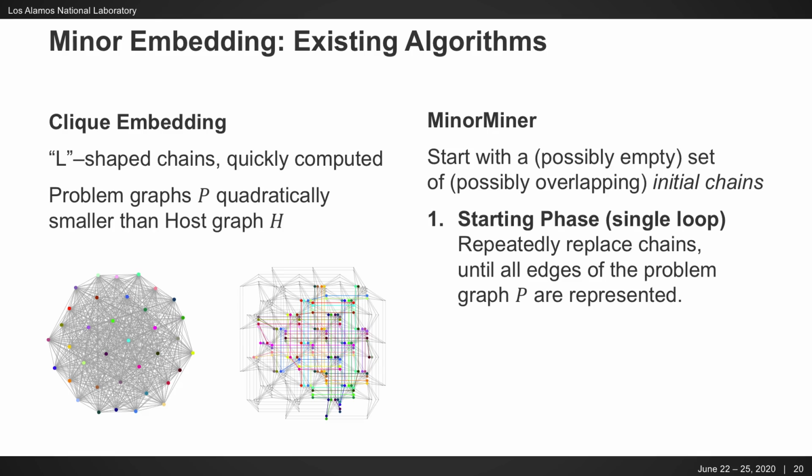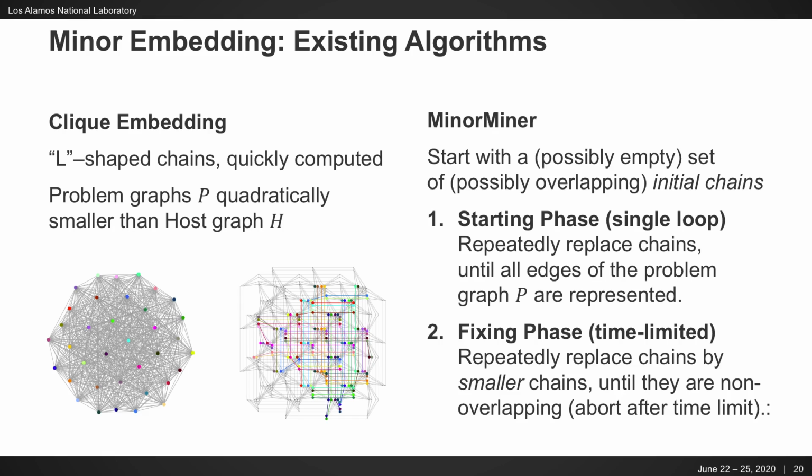In the starting phase, there's a single loop over all chains, where each chain is replaced, and in the end of this starting phase, all edges of the problem graph P are represented by couplers between chains in the host graph. And then it goes to a randomized fixing phase, which is time limited, where we repeatedly replace chains by smaller chains until they are no longer overlapping, or until we run into the time limit.